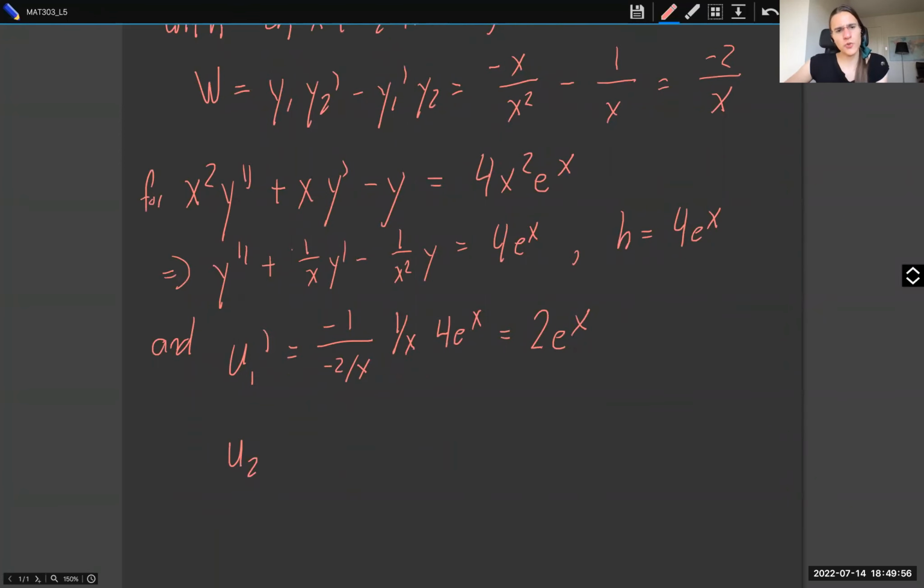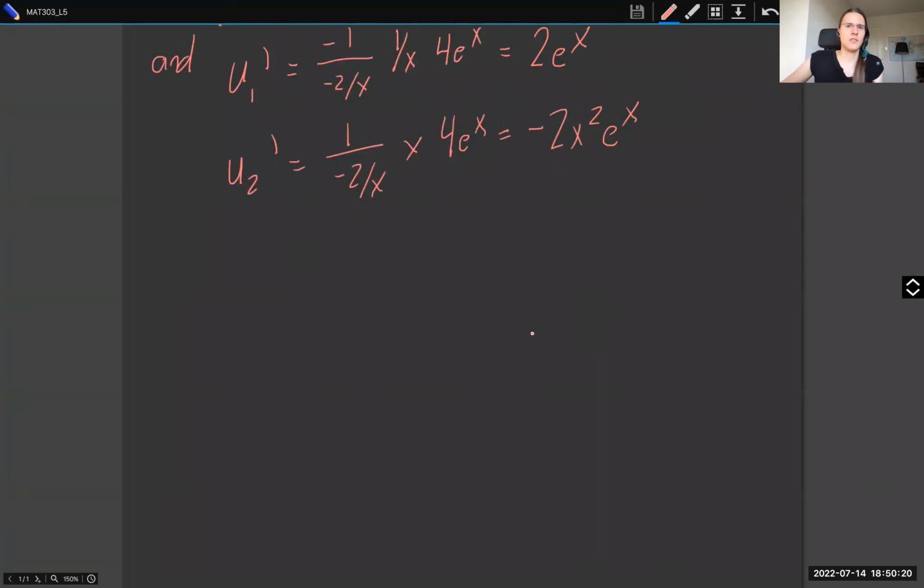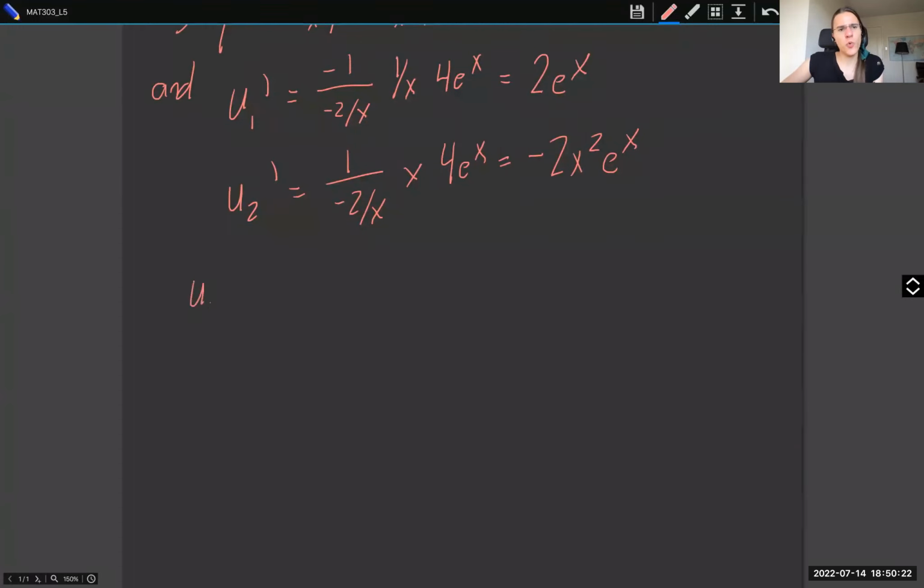And u2 prime is equal to 1 over the Wronskian times y1, which is x in this case, times 4 e to the x, which gives me a negative sign, negative 2x squared e to the x. And so u1 is equal to the integral of this, which is just 2 e to the x plus c.